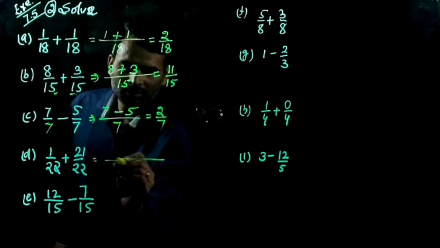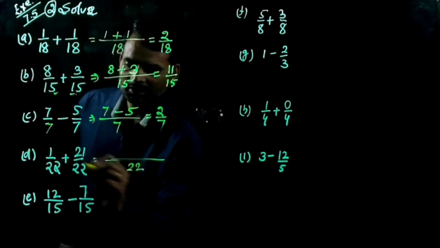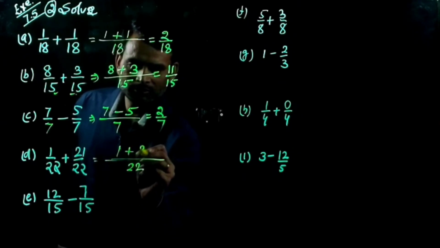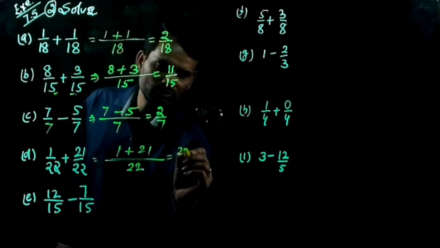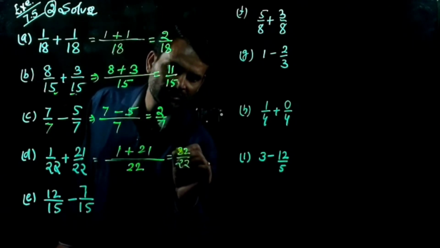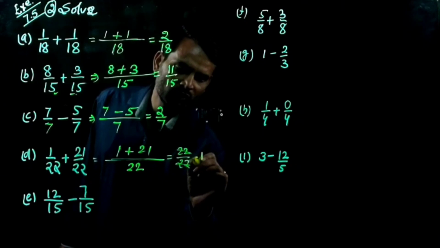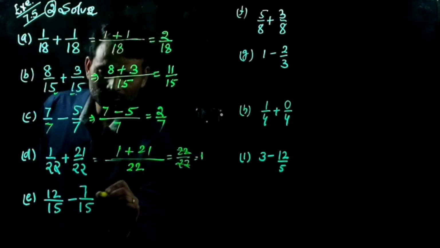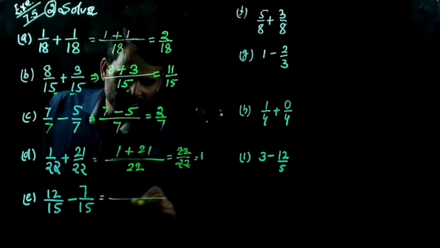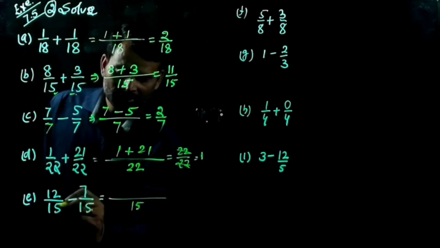Then 1 plus 21 is equal to 22 upon 22, and after cancellation the value is 1.